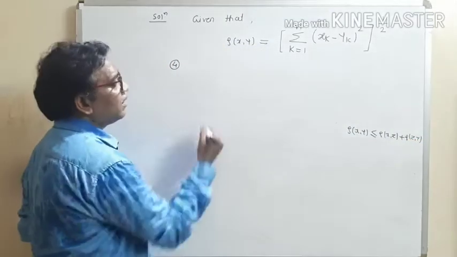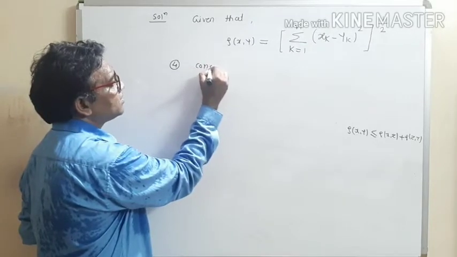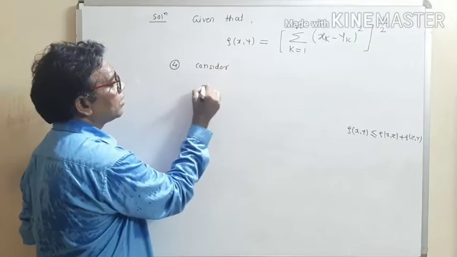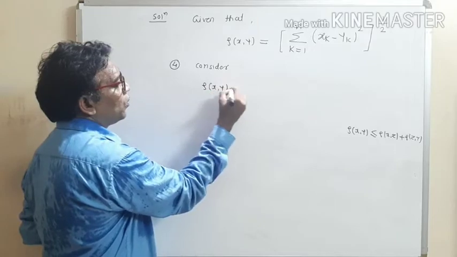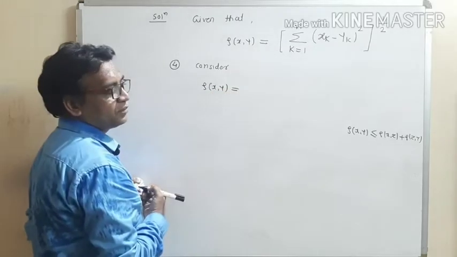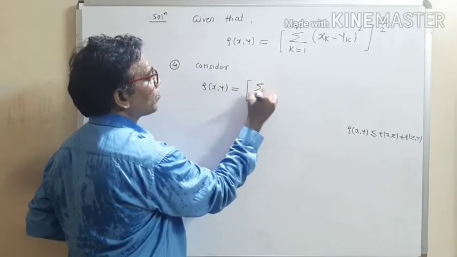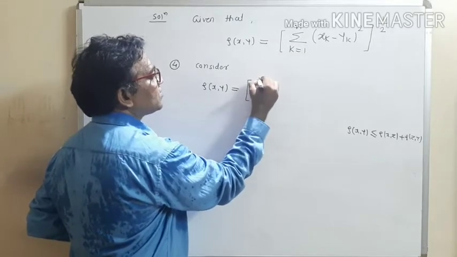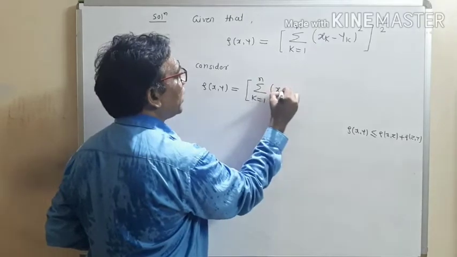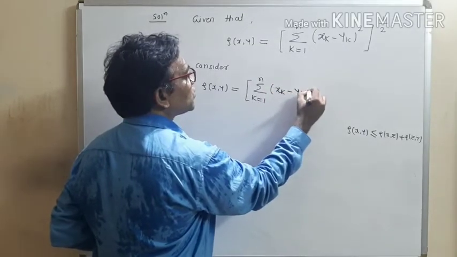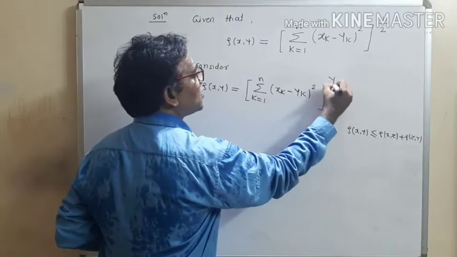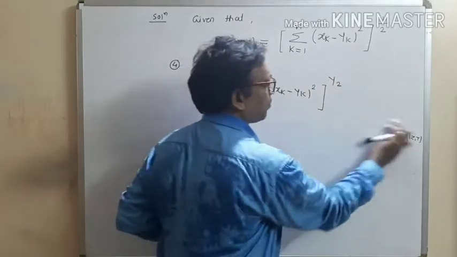So consider the left hand side. Consider rho xy is equal to, now this is the given definition, summation k varies from 1 to n, (xk minus yk) bracket square raised to 1/2.